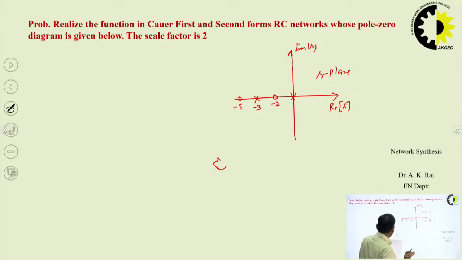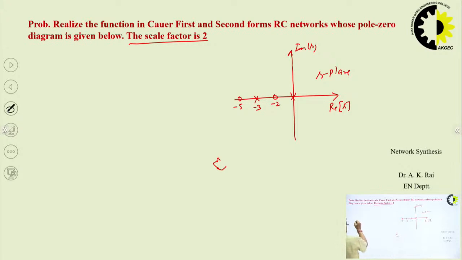And one more thing, a scale factor is also given. In some numericals we have to find the scale factor also, but in this particular numerical the scale factor is given. And what is a scale factor? Let me explain.